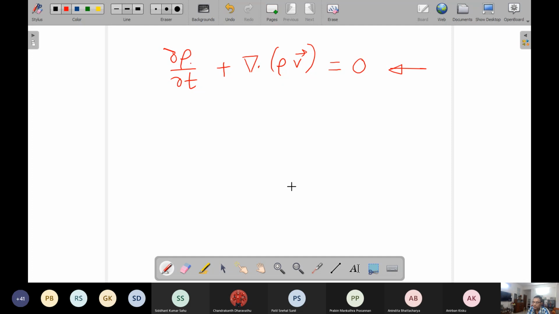Typically, for Mach number less than 0.3, compressibility effects are not important, and it can be shown like that, and I will show that in that context.